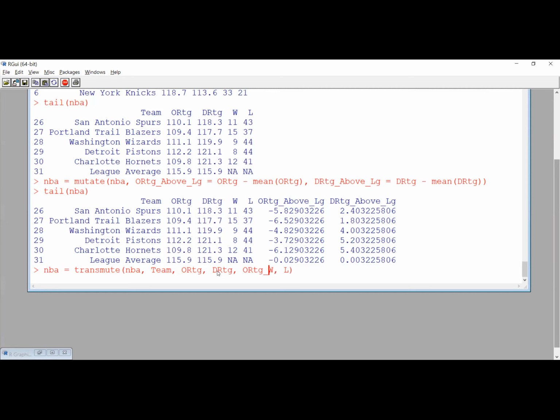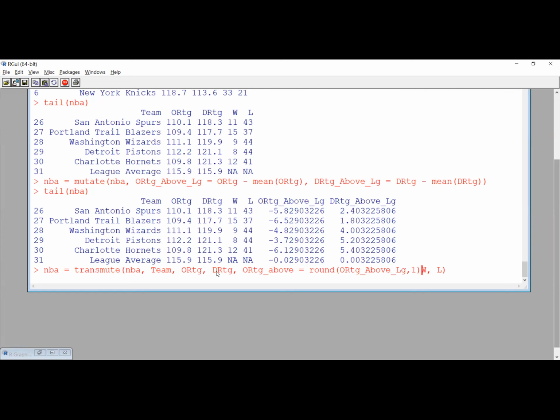What's a good name? Let's just say above or something. Still too long. Equals, let's round it now. O rating above league. And let's round it to 1 decimal.